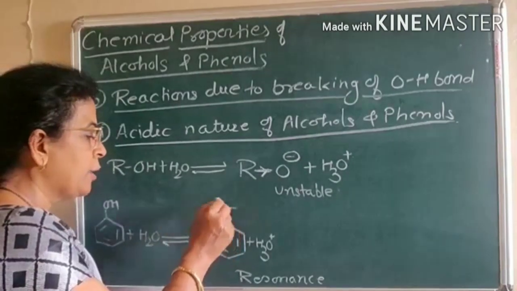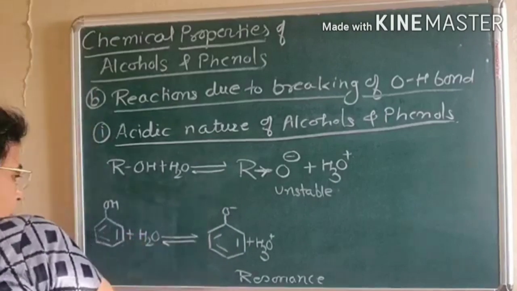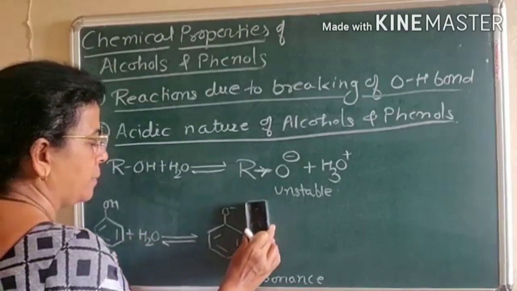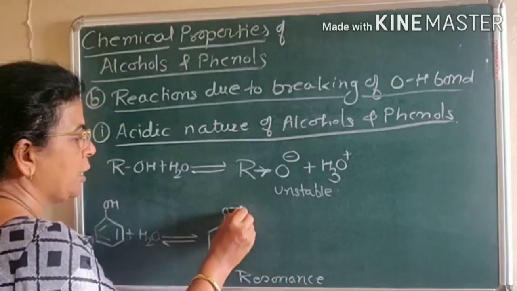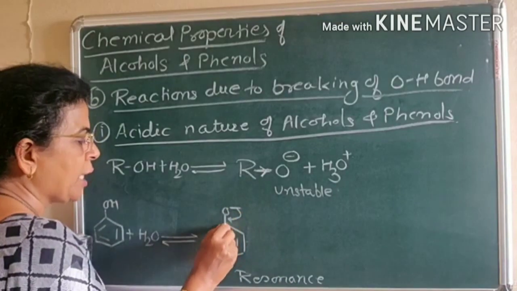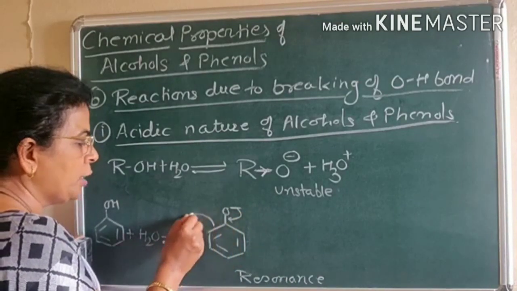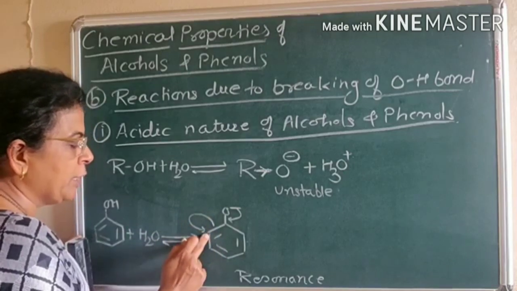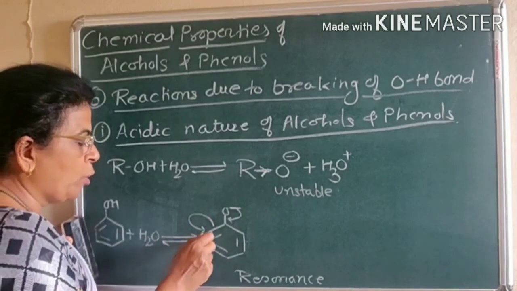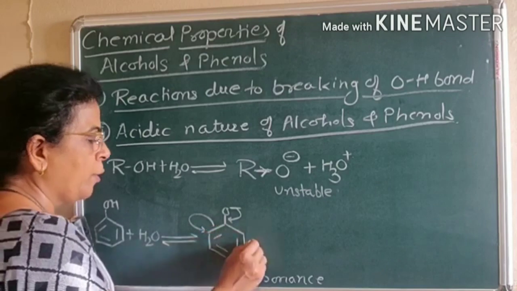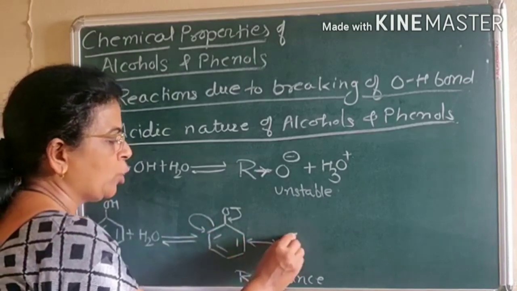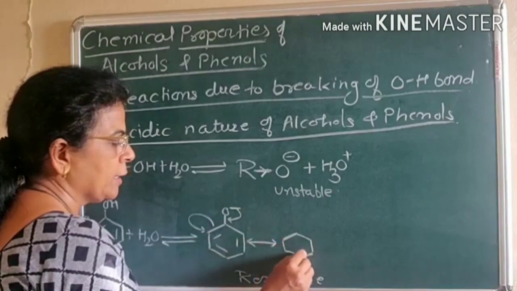Resonance occurs like this: the electron pair gets shifted between the carbon and oxygen atom. Then the pi electrons of the benzene ring or phenyl group shift onto the ortho carbon atom to form the next resonating structure, like this.